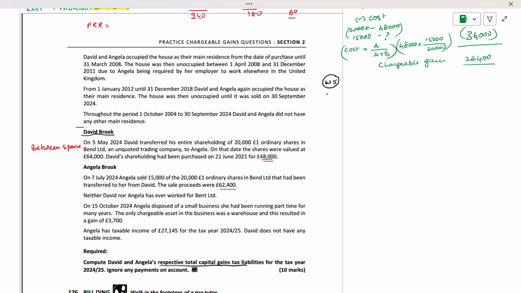Good, that will be the basic, and the remaining will be at the higher rate. Sir, there is the AEA and everything. AEA, annual exemption amount, that is very far. 37,700 is the basic rate.